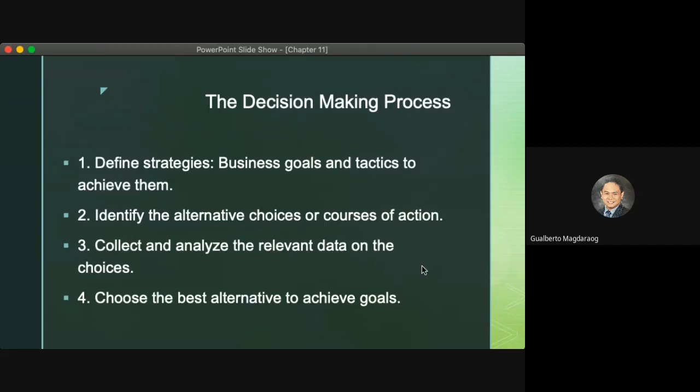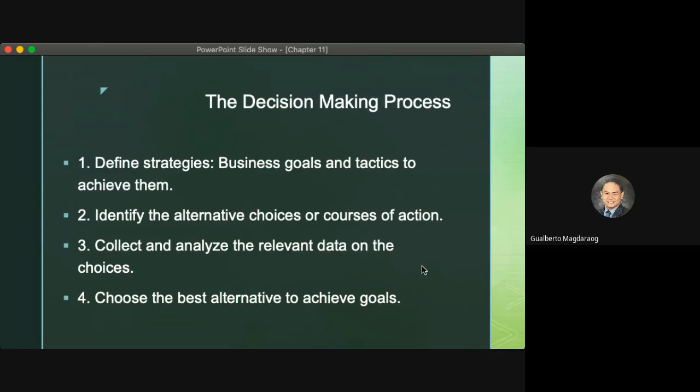Some management or managers may insert or include other steps or processes depending on the nature of their operation. So in short, basic lang ito, generic lang itong 4. If there are others na i-input nila dyan, okay lang yon because that is applicable to their operation.